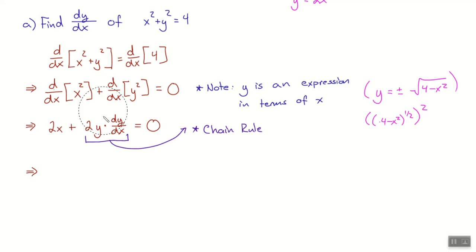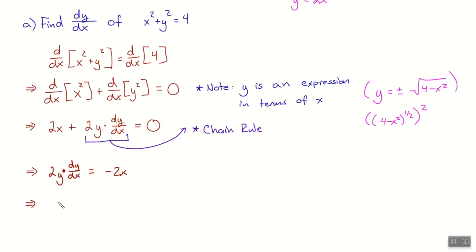Here we go. As we go through, any objections to me just subtracting 2x? So if I take little steps, 2y dy dx equals negative 2x. Everybody okay with that first step? Now, if I'm solving for dy dx, what do you want me to divide by?